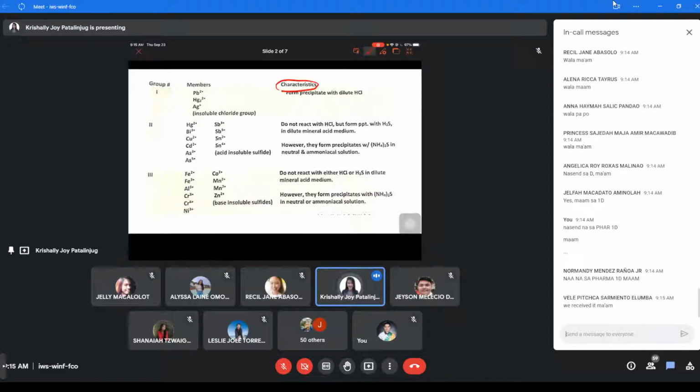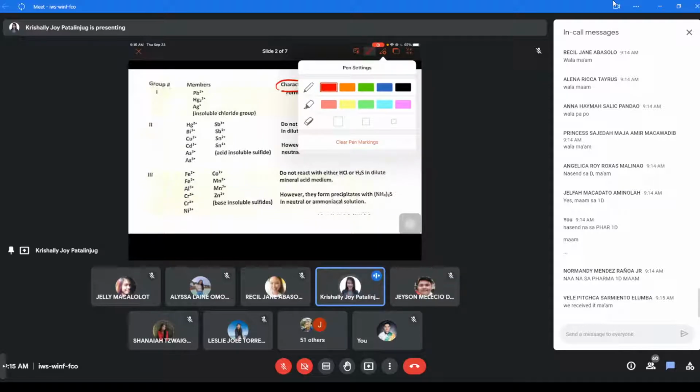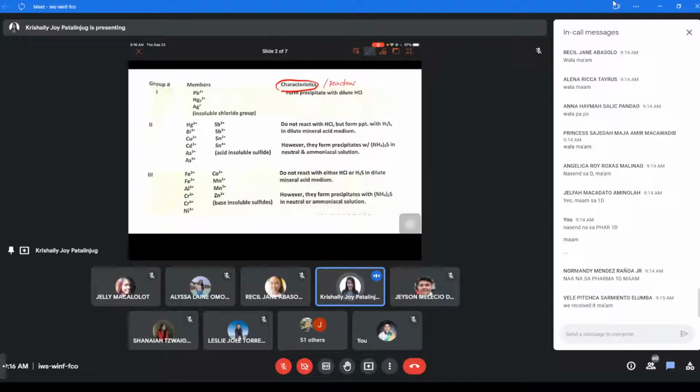So the members of group 1 ions have the same characteristics. They have the same reactions or properties. Same with groups 2, 3, 4, and 5. So let me discuss this 5 classification or 5 groups of cations. Let's start with group 1.